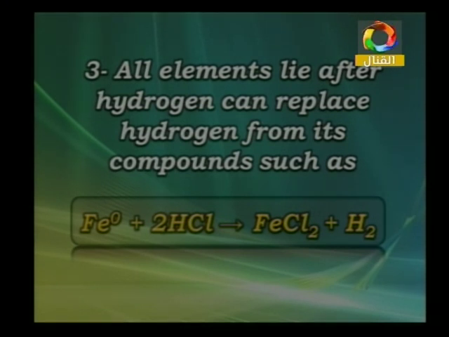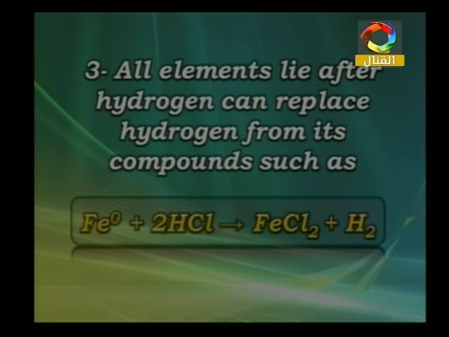plus 2HCl, dilute hydrochloric acid, gives us FeCl2. What will happen here? We have the iron. It is more active than hydrogen, so it replaces the hydrogen from its ions, from its compounds, from its solution or acids.